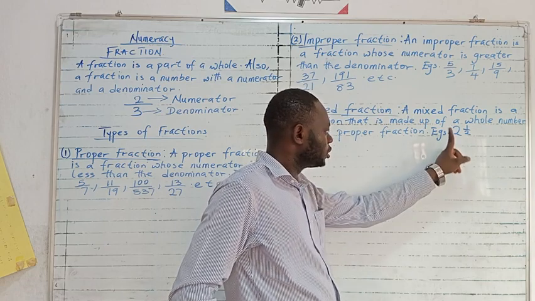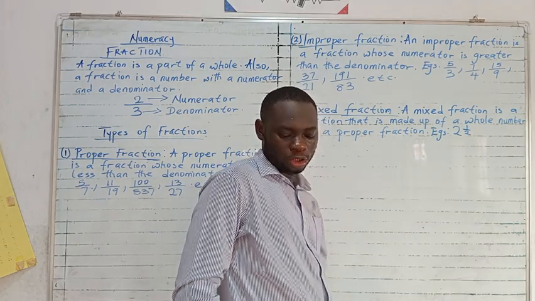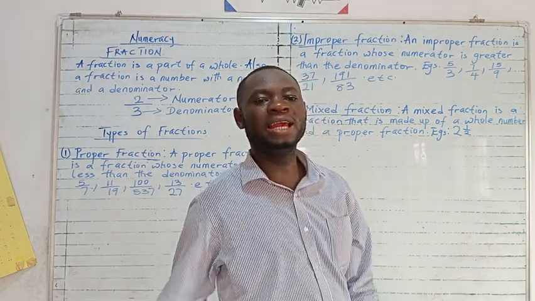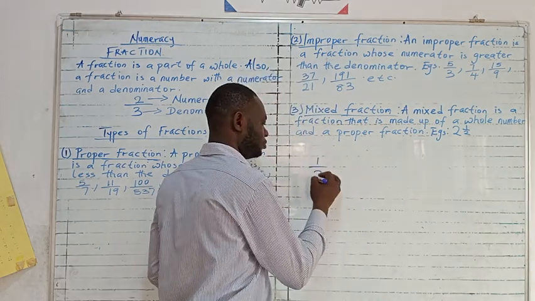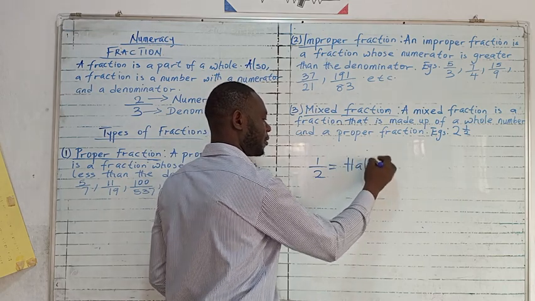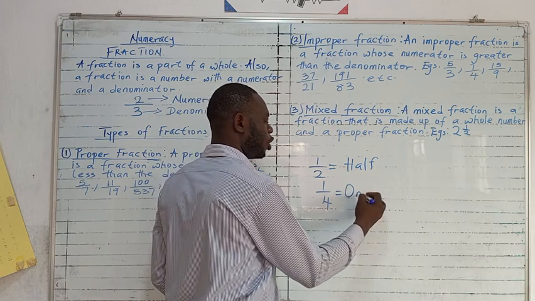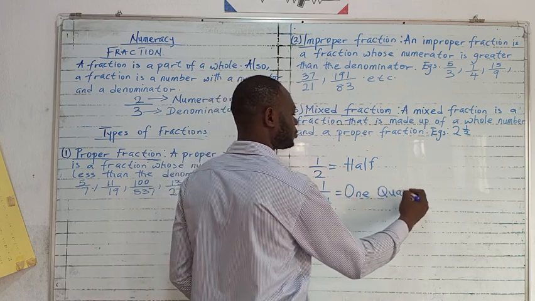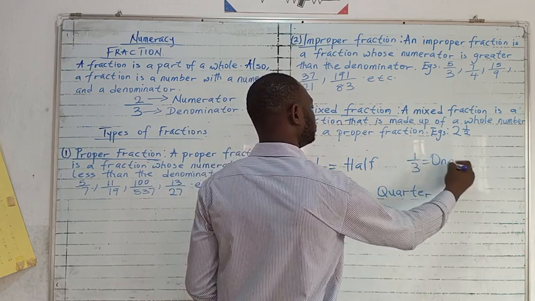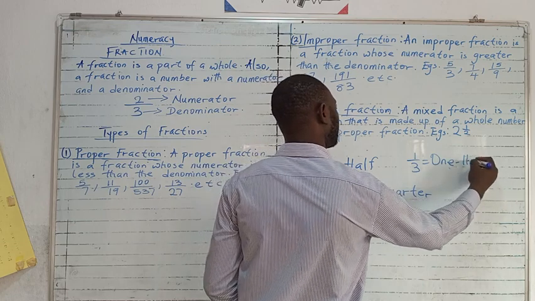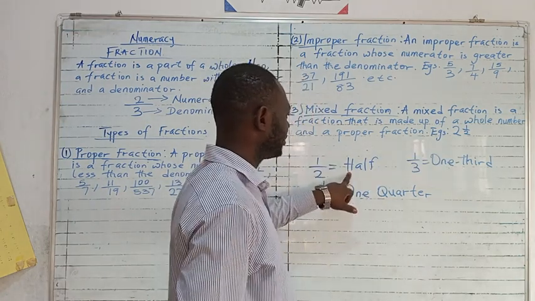It is pronounced as two whole number, 1/2, or 2.5, because 1/2 means half. 1/4 means quarter, and 1/3 means one third. So this is 2.5.